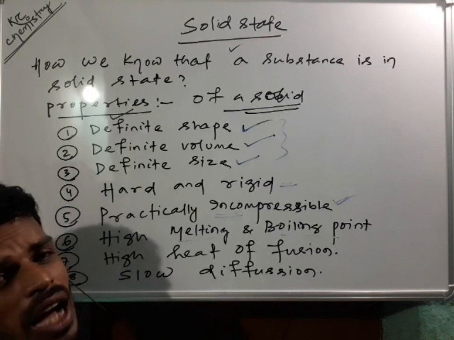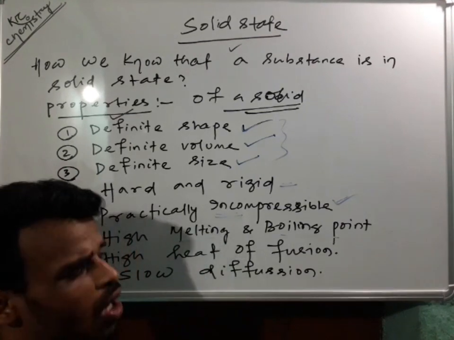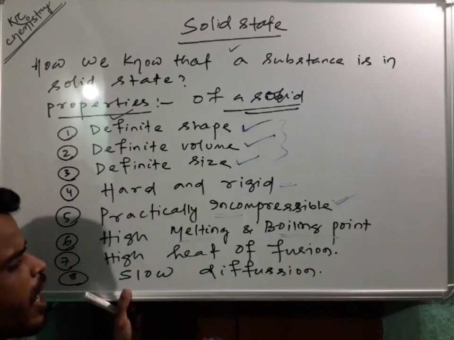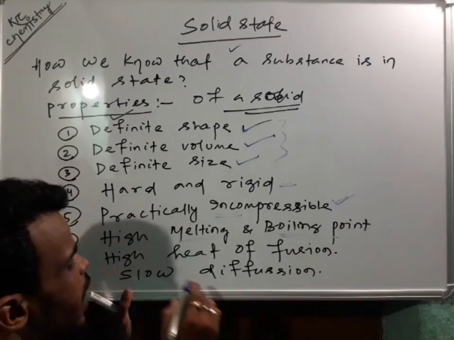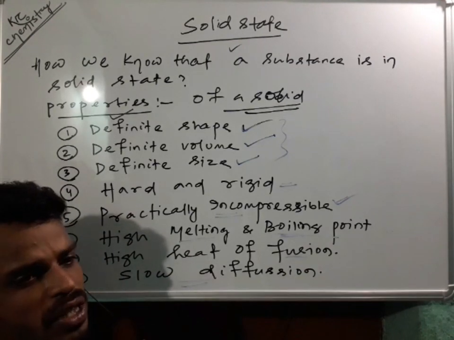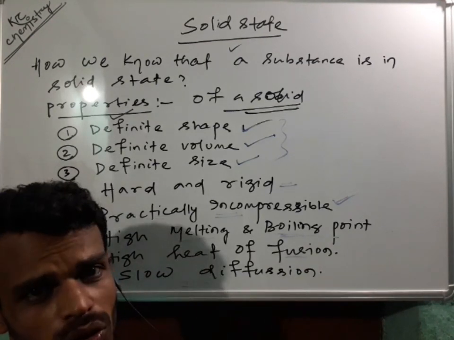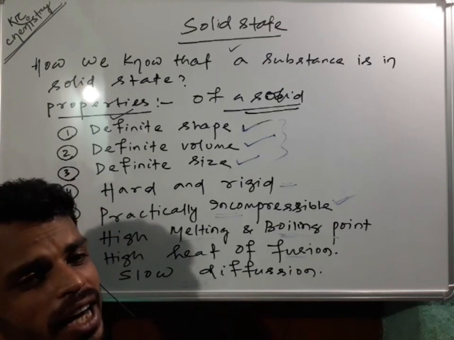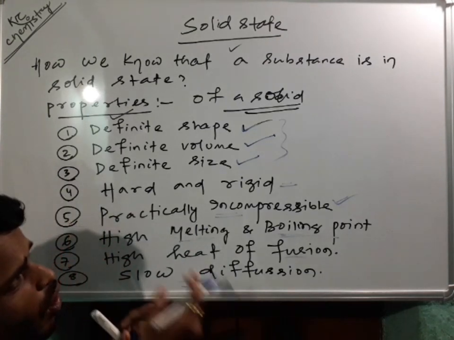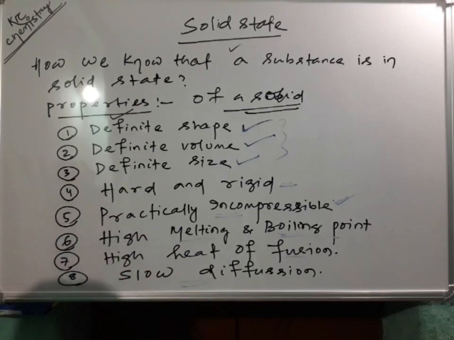Means these have a high heat of fusion, or their melting and boiling points are very high as compared to others, and they are slowly diffused. Means these are unbreakable. It is very hard to break solid substances. These all are the properties of a solid.